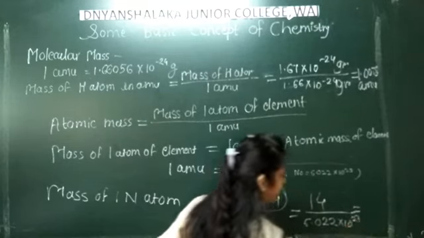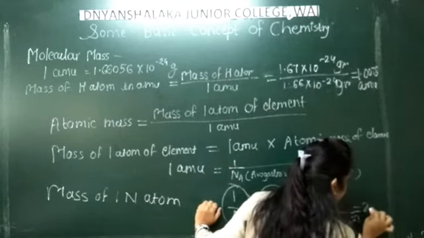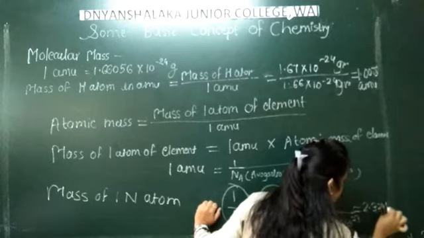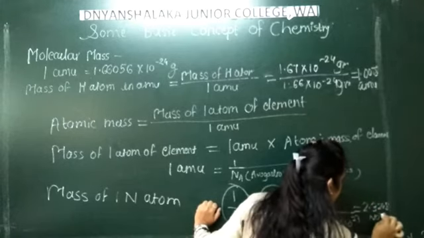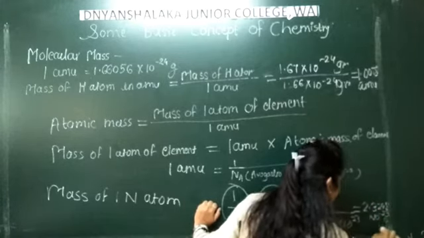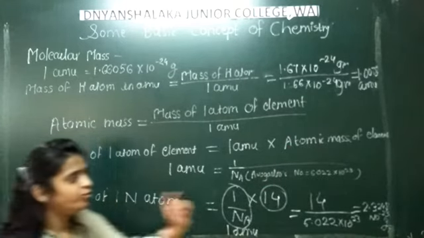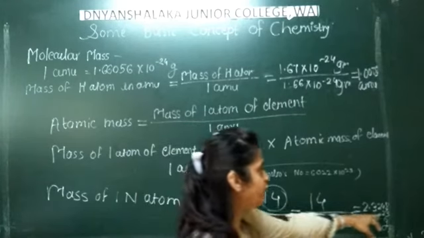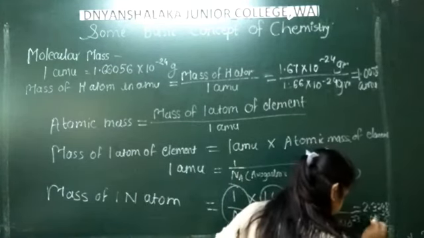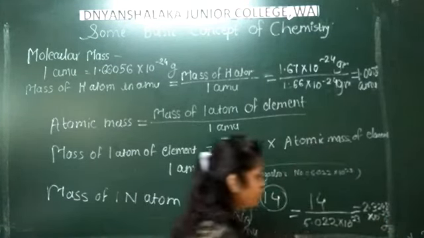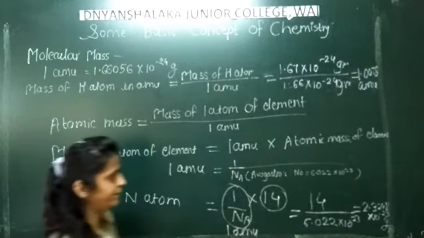So we get 2.3248 into 10 raised to minus 23 gram. This is the mass of one nitrogen atom.